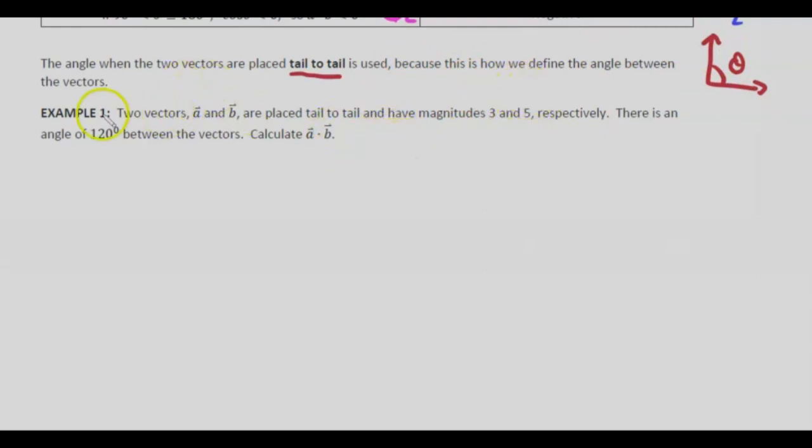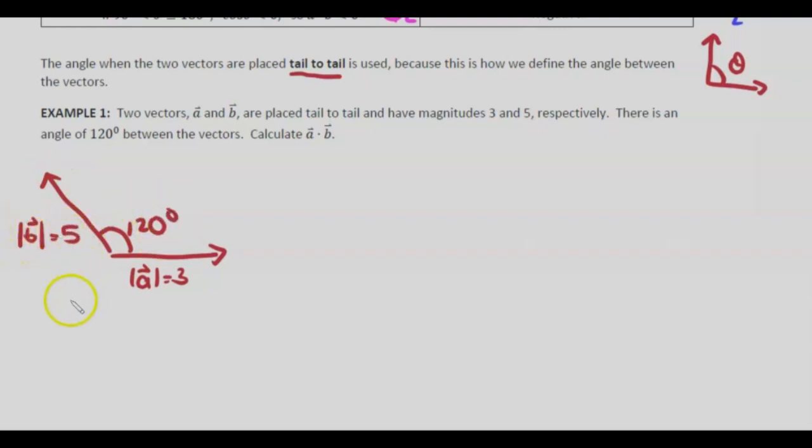So example 1: two vectors, vector A and vector B, are placed tail to tail and have magnitudes of 3 and 5 respectively. So the magnitude of vector A is 3, and the magnitude of vector B is 5. There's also an angle of 120 degrees between the two vectors.